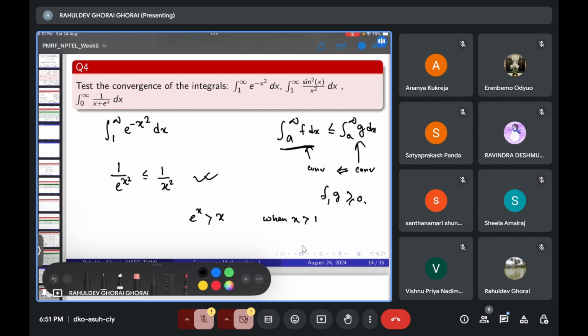If you take f of x equal to e to the power x minus x, then the derivative of that function will be e to the power x minus 1, which will always be greater than... No, first of all, this is what we have to make sure is always true.